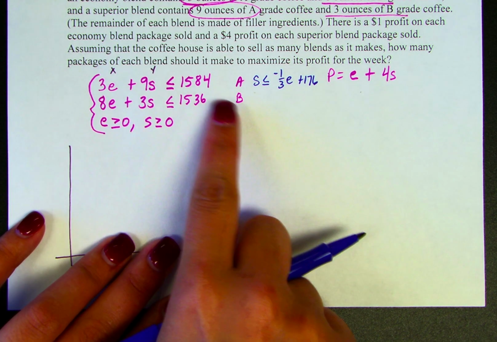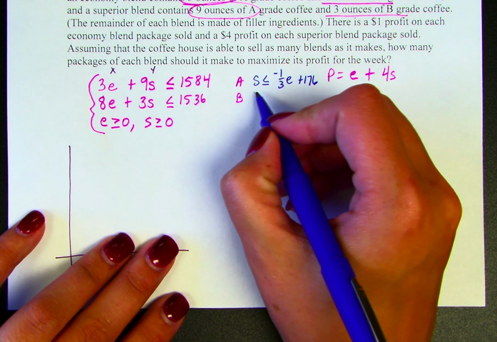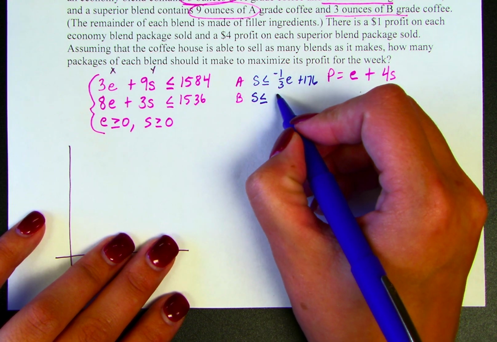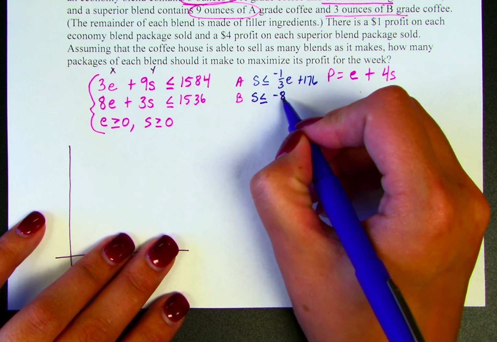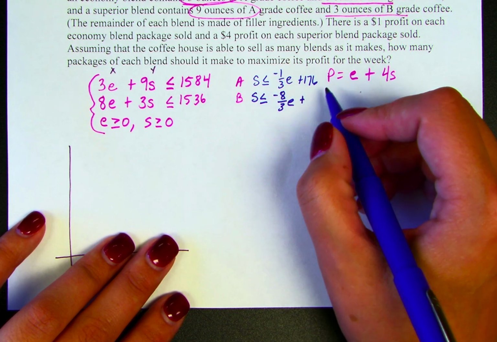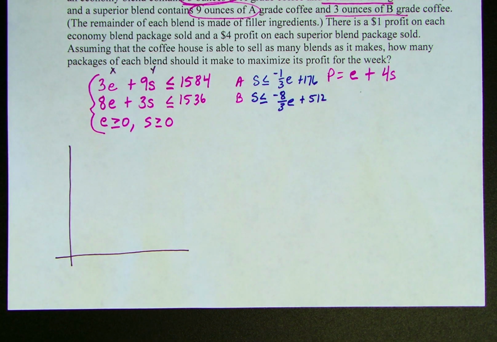And then we'll also need to do the same thing, so I'm going to subtract 8E, divide everything by 3. So for this one, we will have S less than or equal to negative 8/3 E plus 512. Okay. So now I'm ready to start doing my rough sketch.